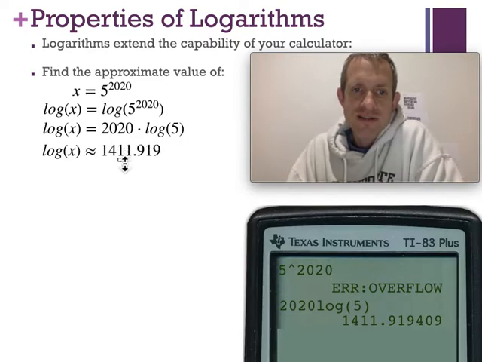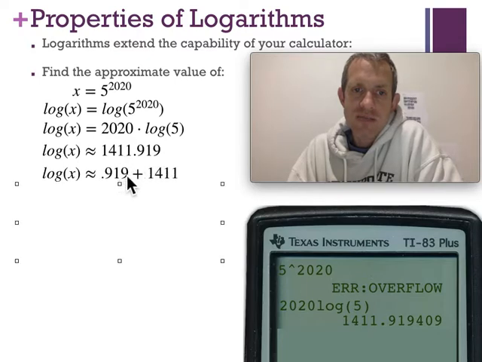So log of x is equal to that. Now to undo log of x, what we need to do is to raise both sides on top of the 10th power. And so 10 to the log of x undoes itself and gives us x. This number, I'm going to split it up in a weird way. I'm going to write the decimal part plus 1,411.